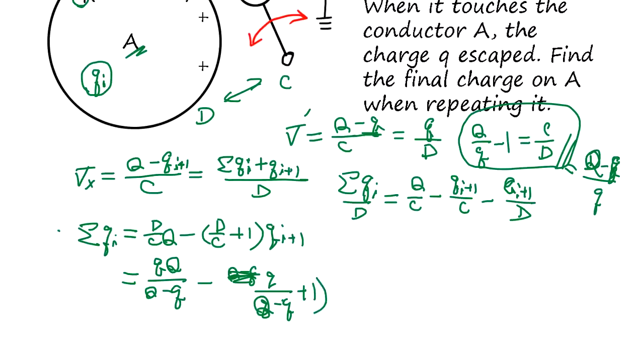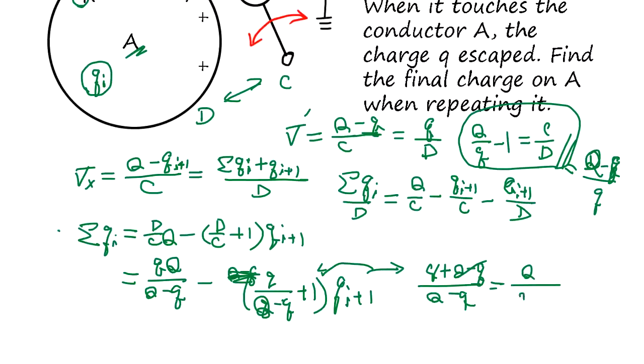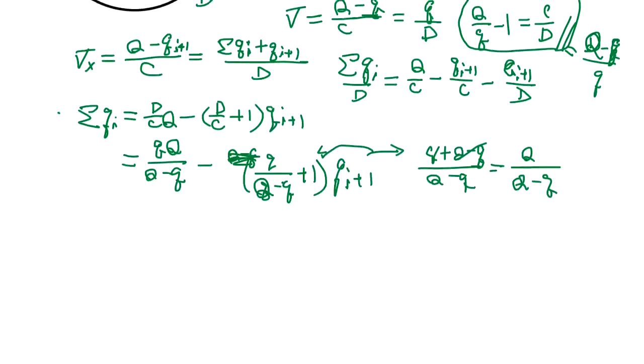Too many Q's here. And this part is going to be Q plus q minus q, q minus q is going to be q over Q minus q. So we have the equation with Q, q, Q minus q, and qi plus 1.